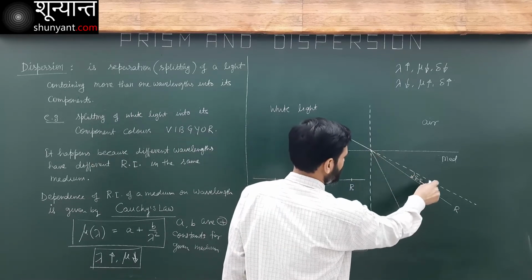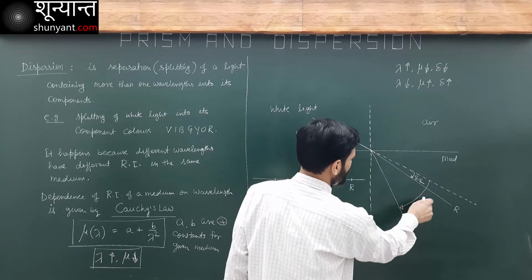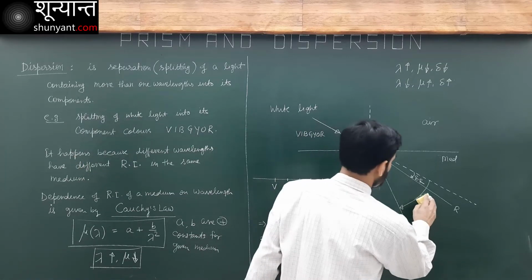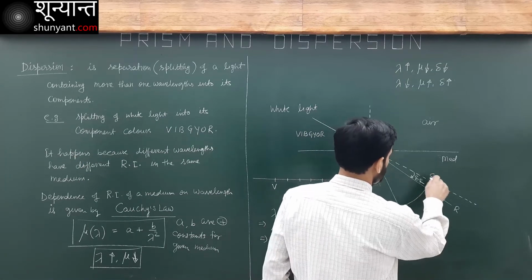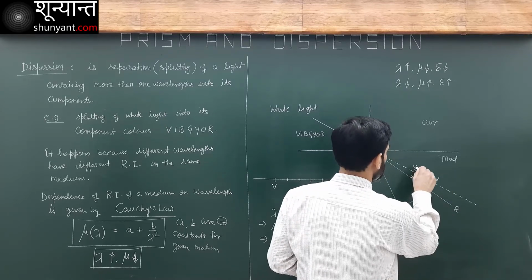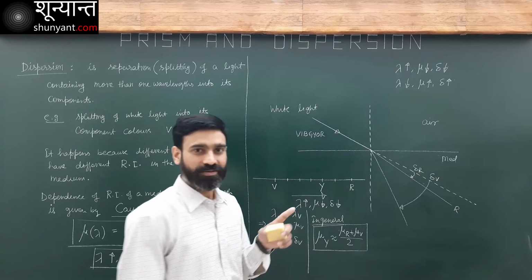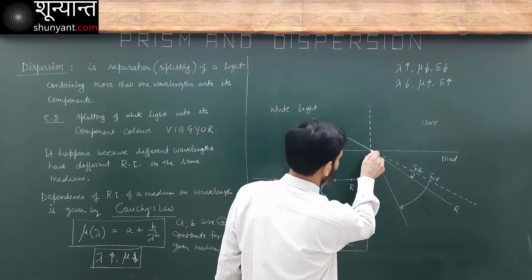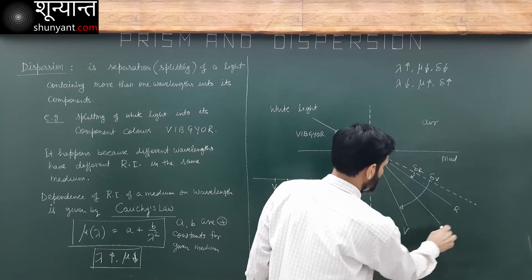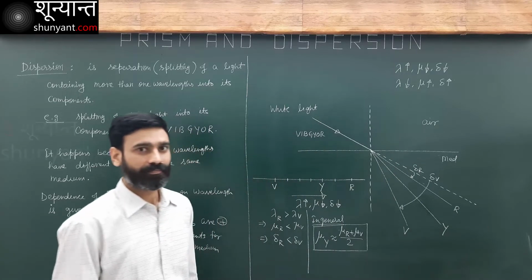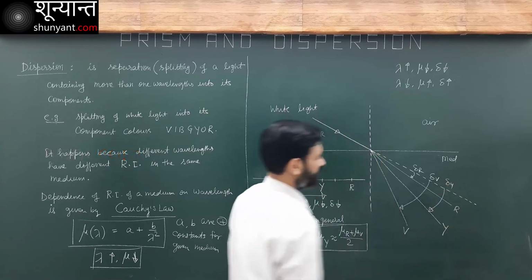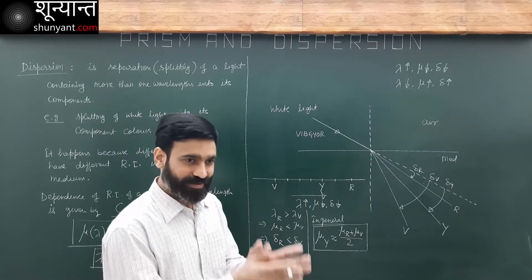This is delta V. Delta R and delta V. Yellow is going to be in between, with delta Y. This is known as dispersion.